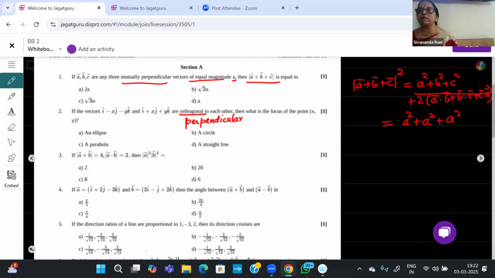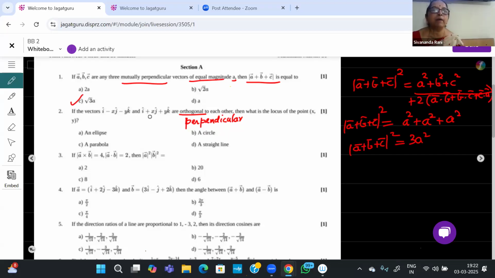They're mutually perpendicular, so second term vanishes. First one, all their magnitudes are equal. So mod of a plus b plus c whole square is nothing but 3a square. Therefore, what is mod of a plus b plus c? It will be root 3 a. Did you get it?